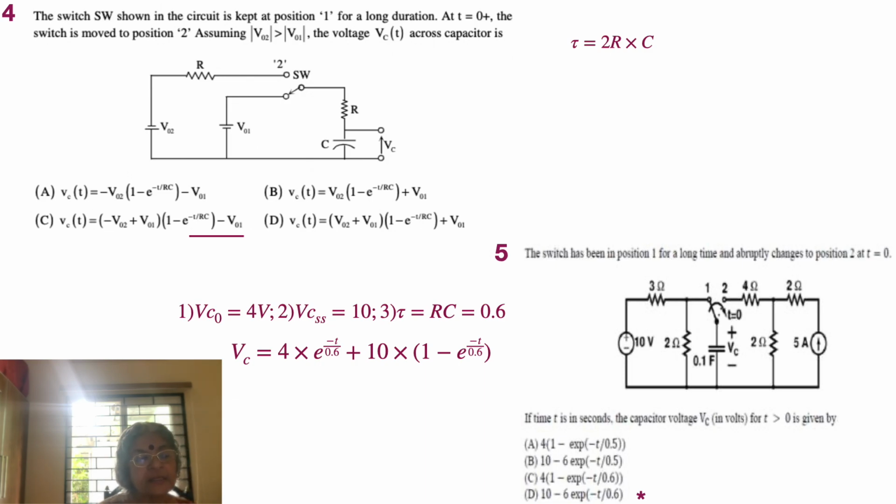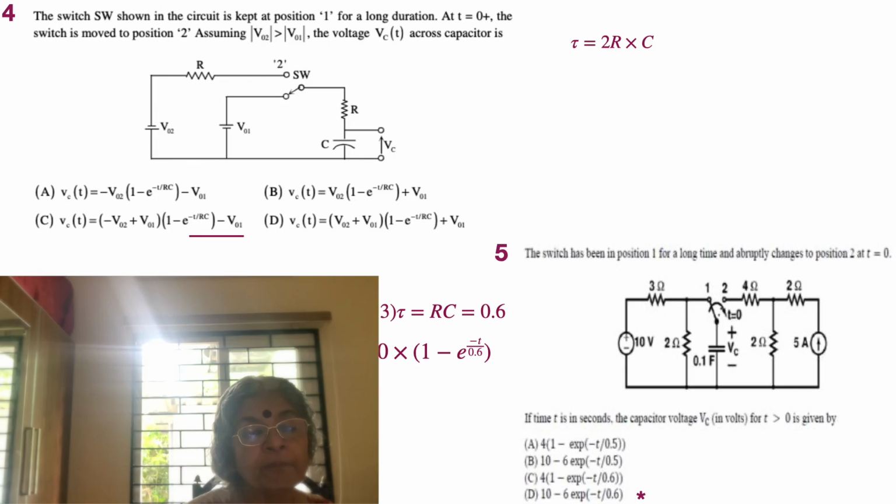But certain mistakes are there, including there's no 2R, so I just put it here. Of course, these two things need to be taken into consideration. If they are in the same direction, they charge and discharge in the same direction. So both V01 into e raised to minus t by RC, as also V02 into 1 minus e raised to minus t by RC, will be positive. They'll be added together.